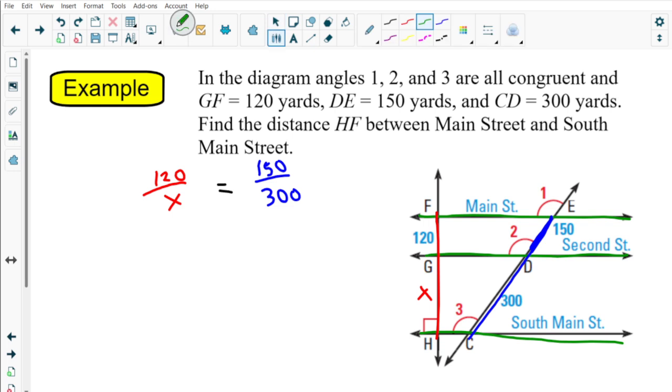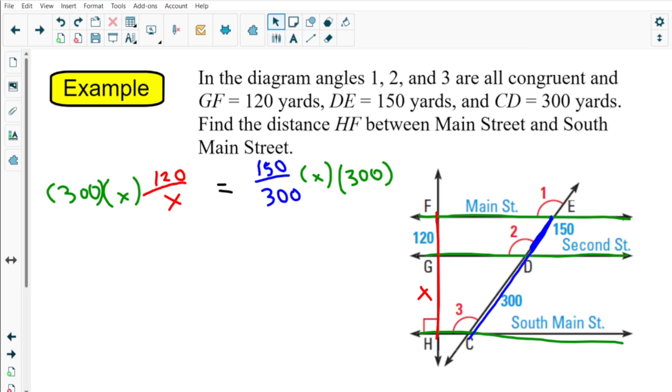Here it comes. On the left, we're dividing by x, so we want to multiply by x to get rid of that fraction. On the right, we're dividing by 300, so I'm going to multiply by 300 to get rid of that fraction. So now we have some of our same canceling, no more fractions.